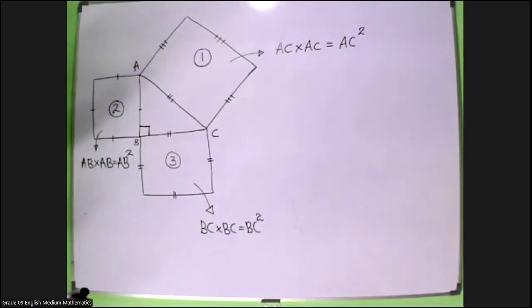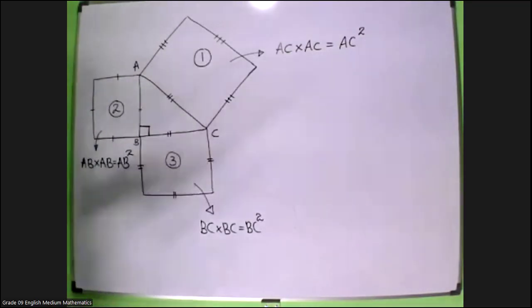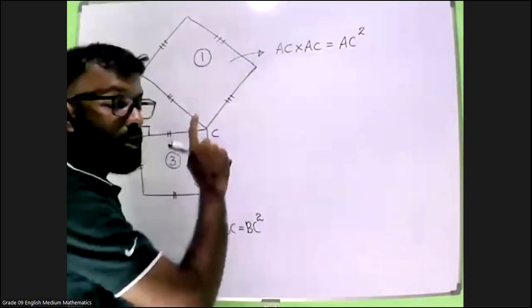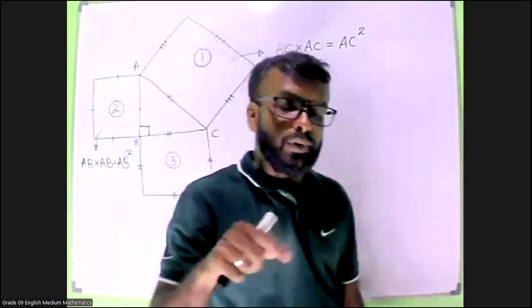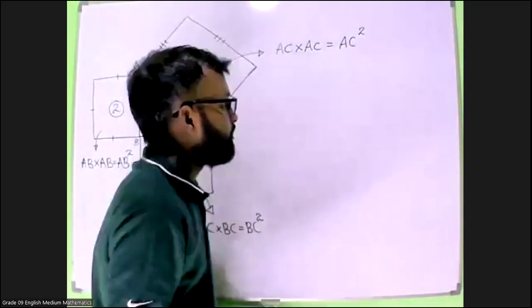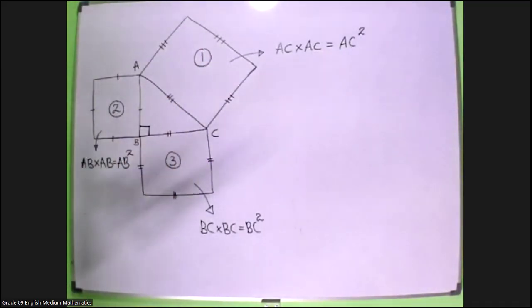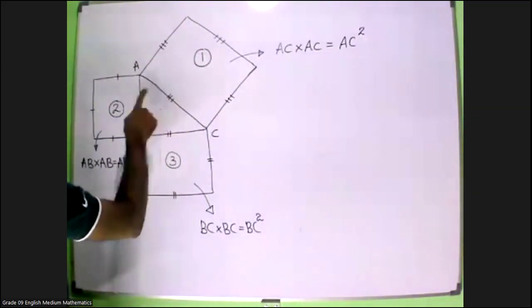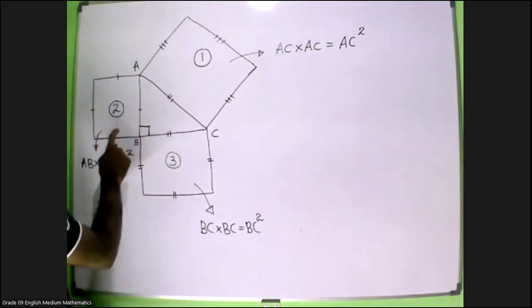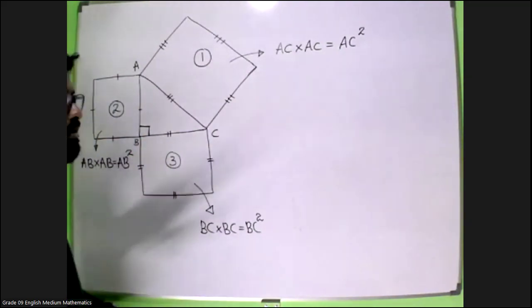So if you apply the Pythagorean relation that I previously told you, how do you make the relationship? Area of 1 equals the summation of area of 2 and area of 3.